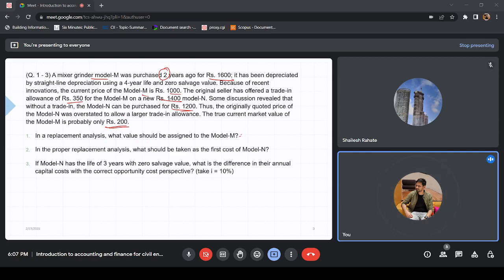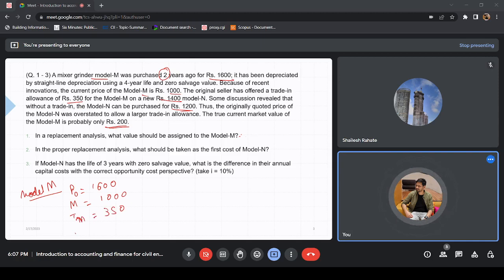Now, what are the different values for model M? We have its purchase price at 1600. Now its current market price at 1000. Then the trader is ready to give you 350 rupees for this.